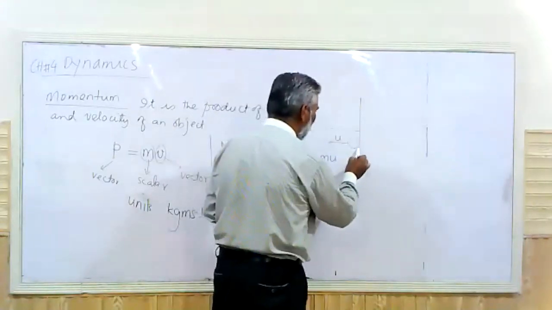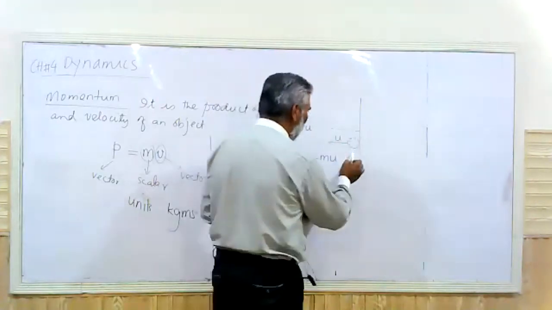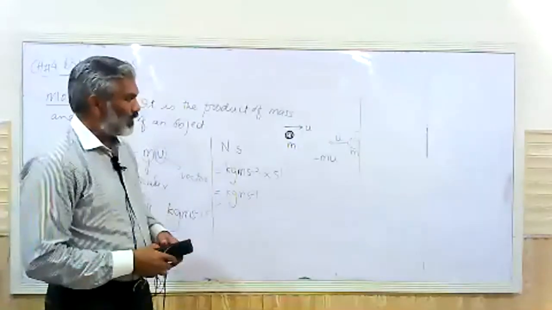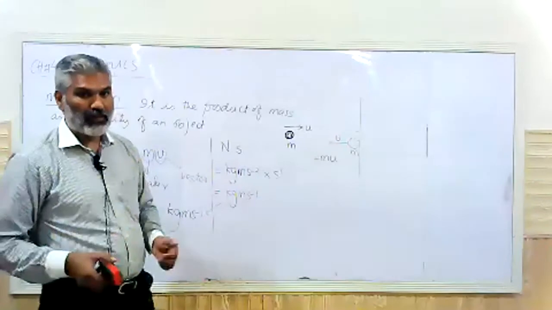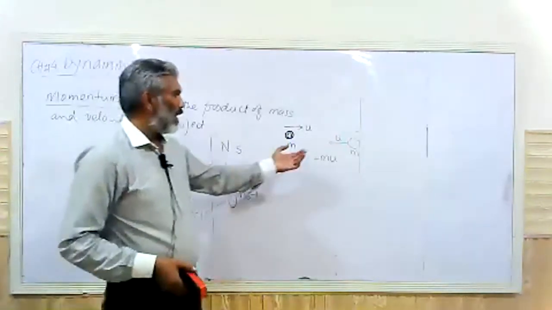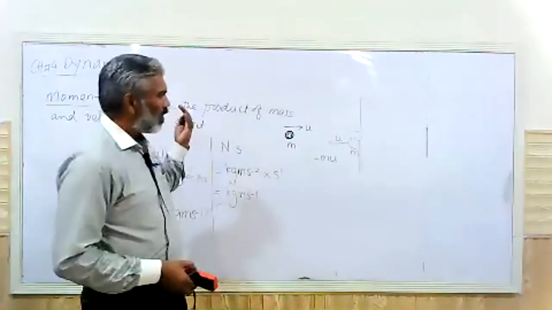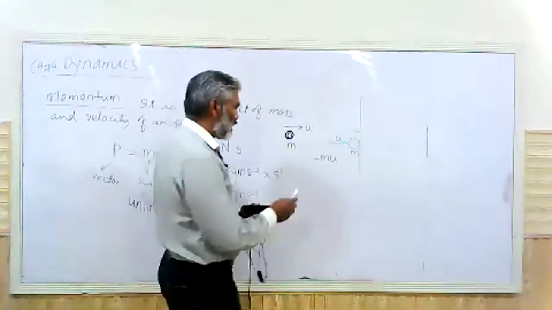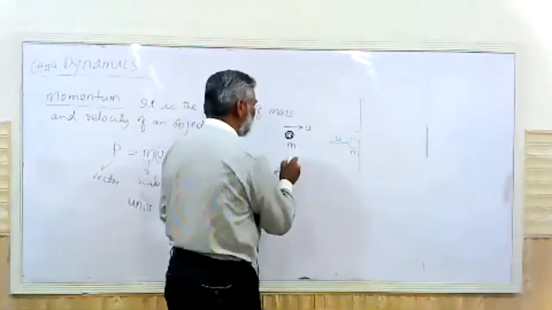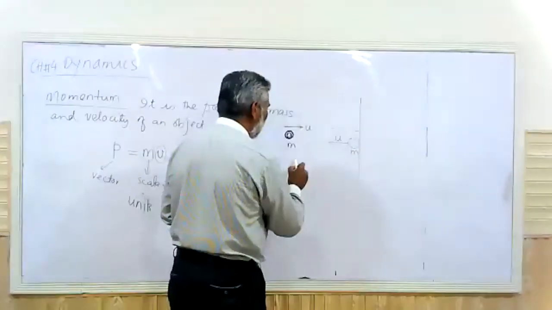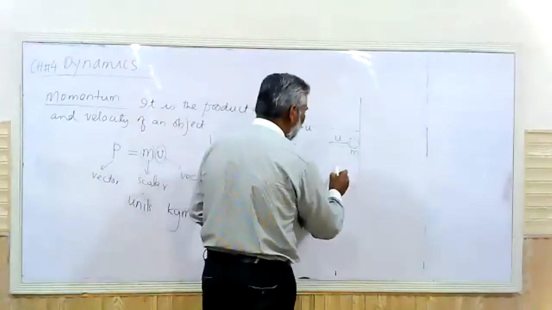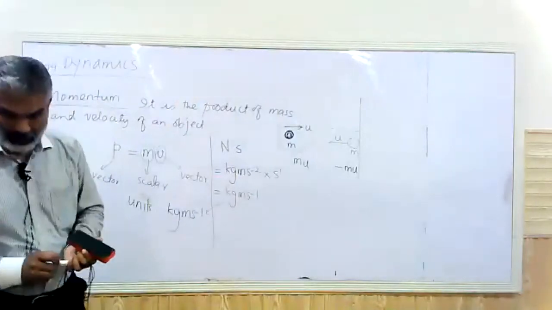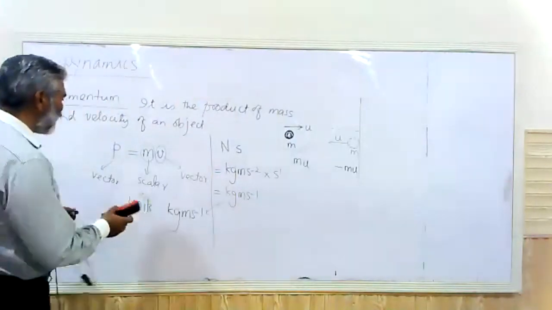Of course, it's the same ball, so mass is not expected to be any different, and velocity may be different, but if it is a special type of collision in which it has lost no energy whatsoever, it rebounds from this wall with the same velocity but in the opposite direction. So as I said in the beginning, this is initial momentum mu, and the final momentum is minus mu because of the opposite direction. Now, what is the change in momentum?